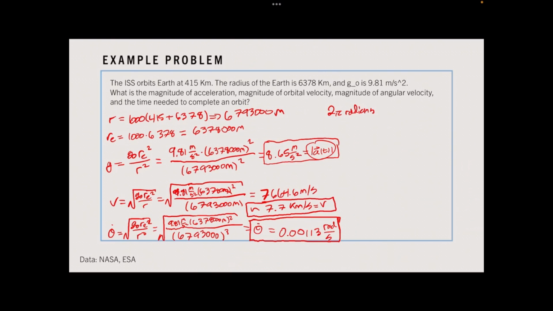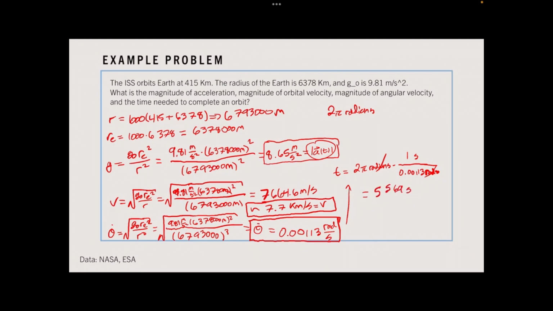T is going to be 2 pi radians times 1 over 0.00113, because we have the radians down here and the seconds up here, so the radians cancel out, and we just get 2 pi divided by our angular velocity.